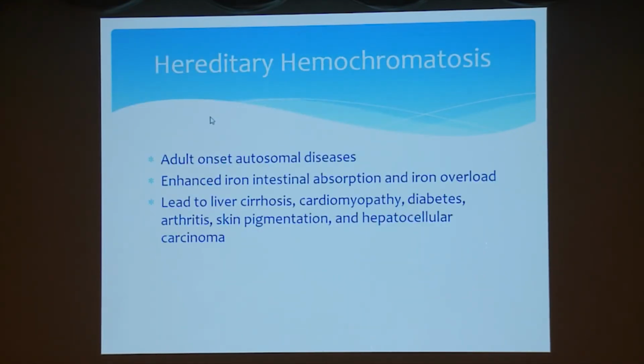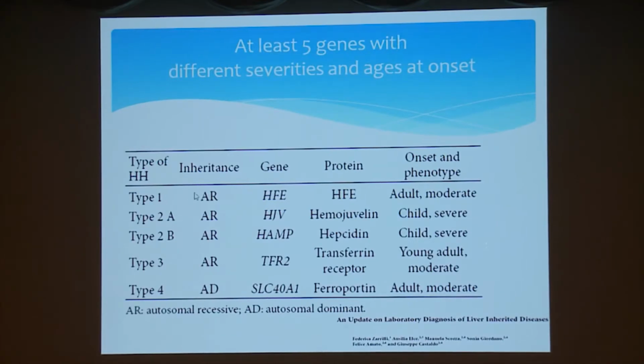HFE-related disease is usually autosomal recessive, adult onset, and moderate, with liver cirrhosis or cardiomyopathy problems, and it is associated with HCC as well. There are also childhood severe types, recessive in HJV or hepcidin, and an autosomal dominant one in ferroportin.